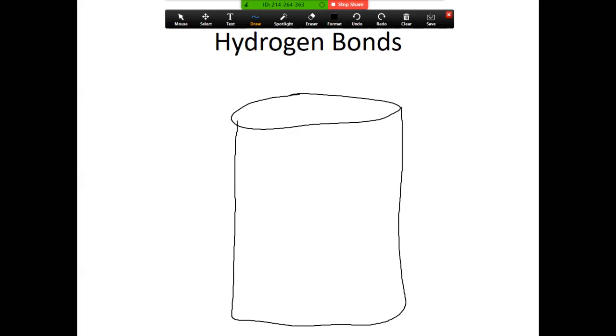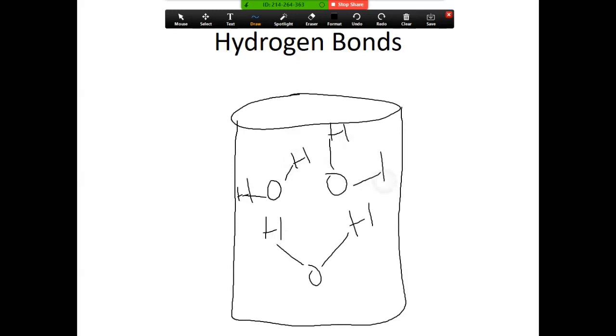And inside of this beaker, I am going to put a bunch of water molecules. I'll just do 3 for now. So I have this whole beaker full of water molecules.